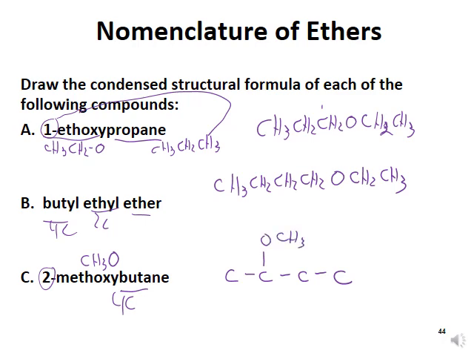OCH3 is off of the 2 carbon, and then we stick the hydrogens on the rest of the carbons. 1, 2, 3 bonds, that needs 1 hydrogen. 1, 2, that needs 2. 1, so that needs 3. That's it. Not too bad. Moving on.